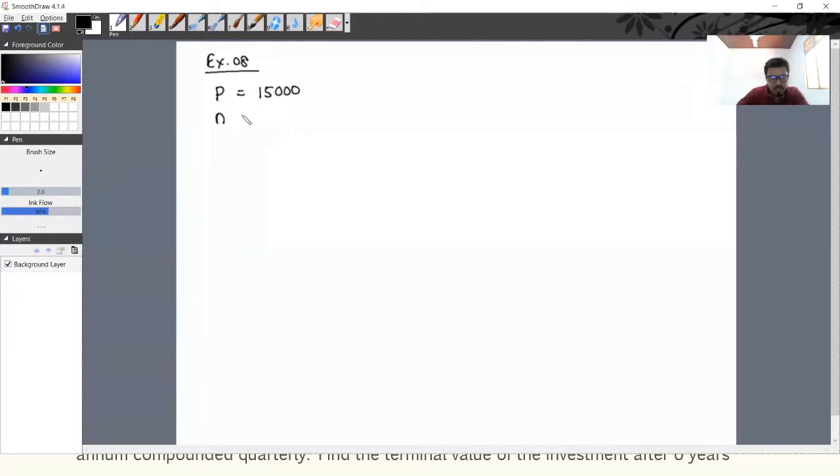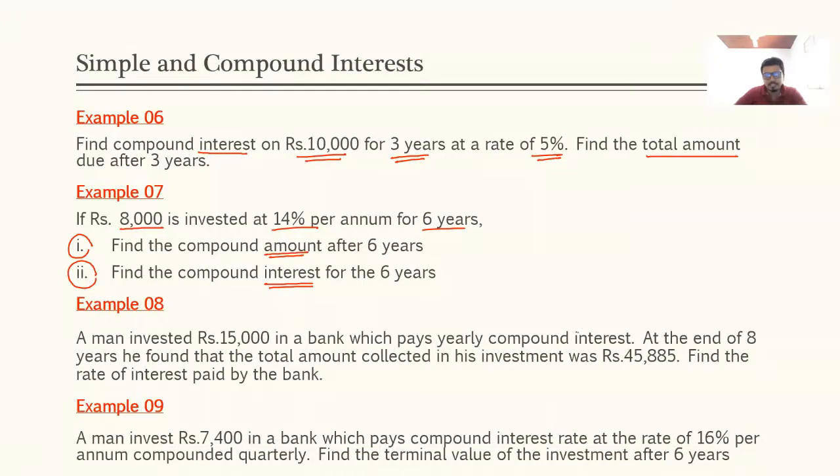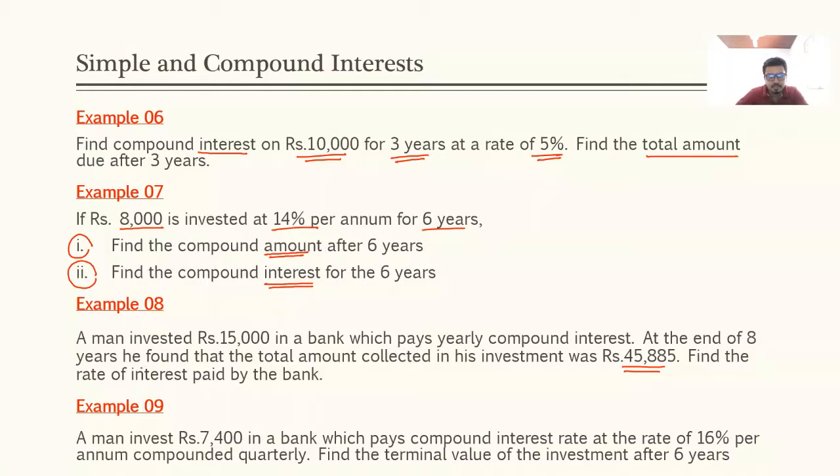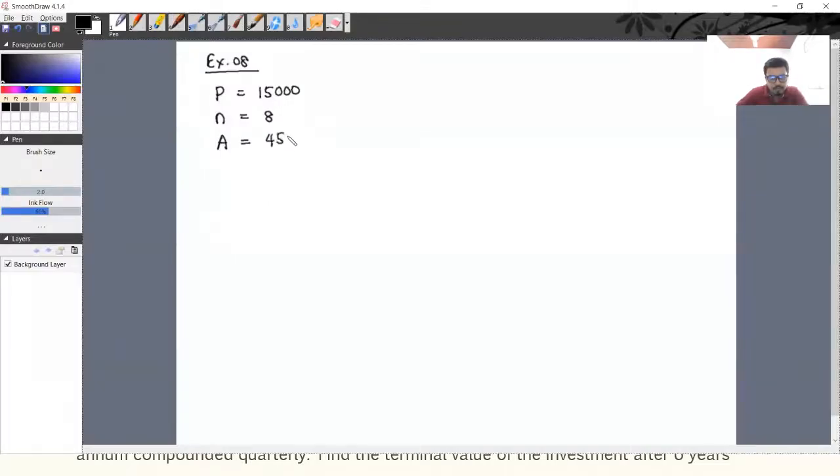It means value of n is 8. He found that the total amount collected in his investment was 45,885. This is what? That is the value of A. At the end of the 8-year period, this person has collected 45,885 from this investment.